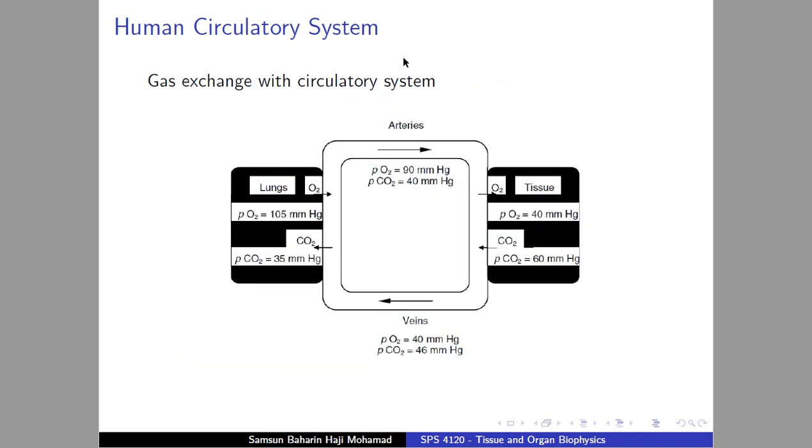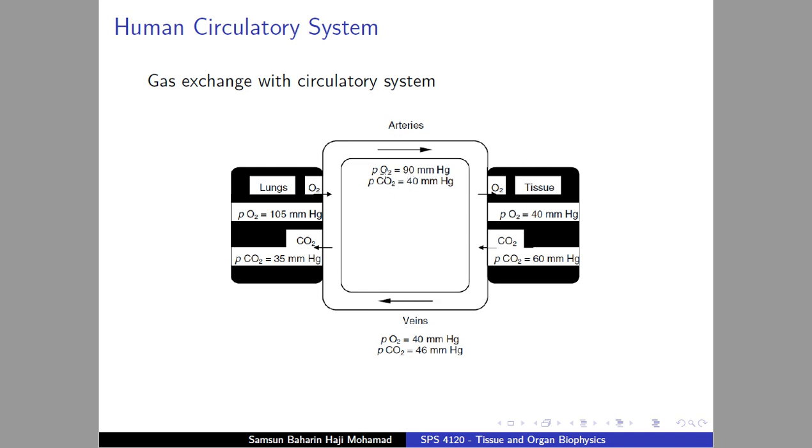So these are the diagrams for this gas exchange. The previous one was for water. Here we have the lung, the arteries, and these are the veins. The pressure of oxygen is 90 and CO2 is 40.